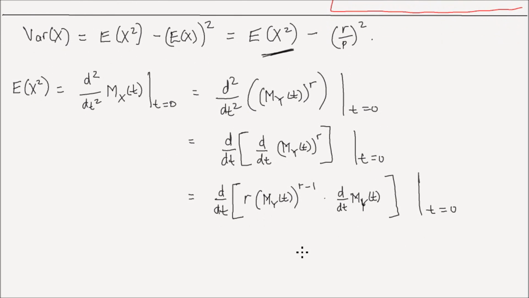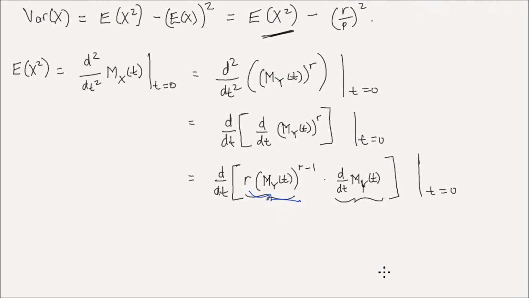Now I have to take the derivative of these two functions. So this is the first function, that's the second function. In fact, I'm going to write the first function in blue and the second function in black so you can see. So when I have the product of two functions of t and I have to take the derivative, I simply use the product rule.